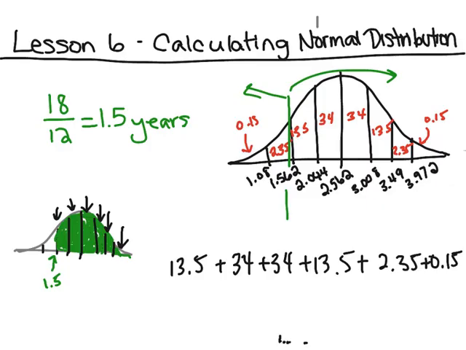And all together, if you add them up, you should get 97.5%. So the likelihood of you getting a cell phone that lasts longer than a year and a half is 97.5%. And we've all had cell phones, so that seems high because my cell phones don't last 1.5 years. But that's how you do it. So add up all the percents that it covers, and that's your answer.